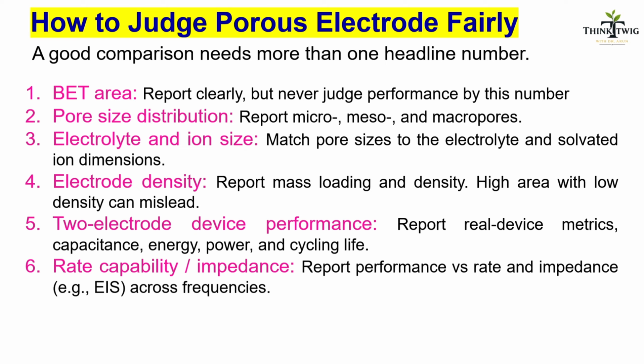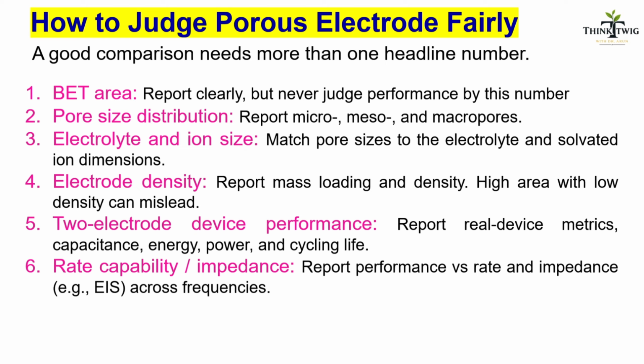A very small amount of the active material can give a very different picture from the practical electrode. Now check the electrode density. At low density, an electrode can look excellent per gram but weaker per unit volume. Then look for two-electrode device data. This becomes especially important when the practical performance is being discussed. Check the capacitance, check the energy, power, and cycling stability.